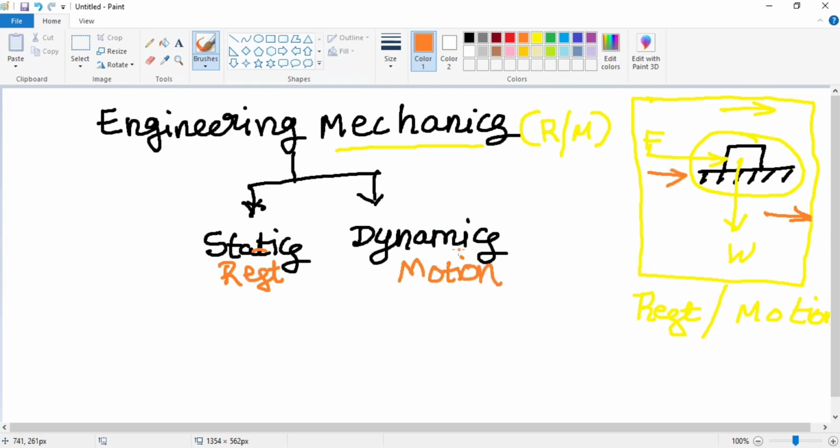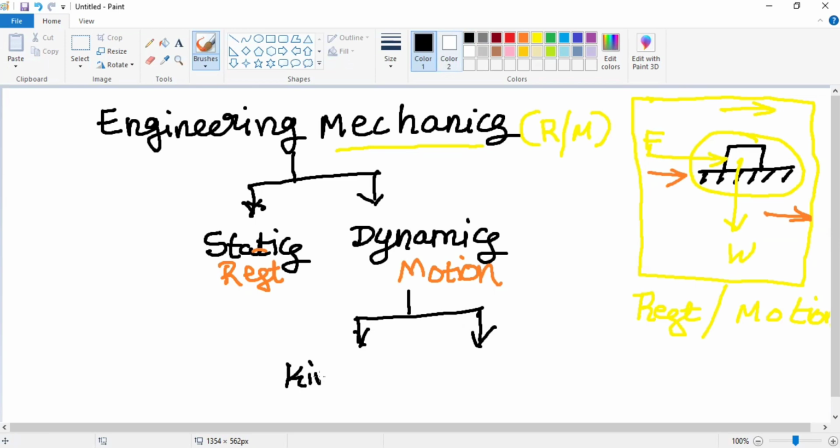We are considering the forces acting on the body when the body is in motion, right? Motion means some amount of force should be applied. So based on that applied force, it is divided into two ways again.